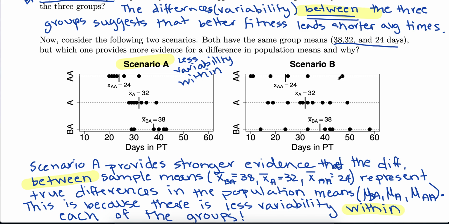In scenario B, they're much more spread out within each group, more random within each group. So I'll make the comment here, more variability within on this one. So more random, less likely to represent something really going on. All right, in the next video, we're going to formalize all this into our actual test, and we'll check out a few examples after that.